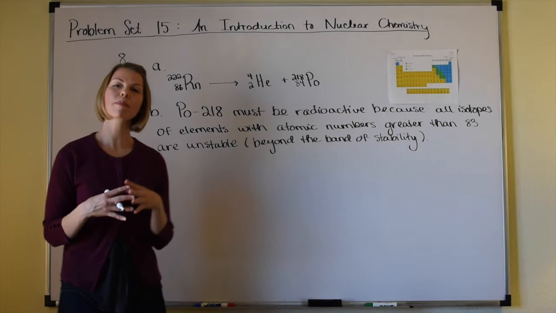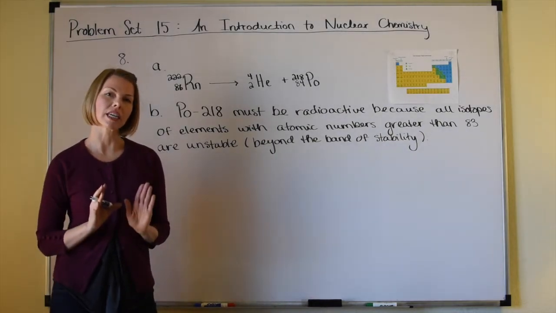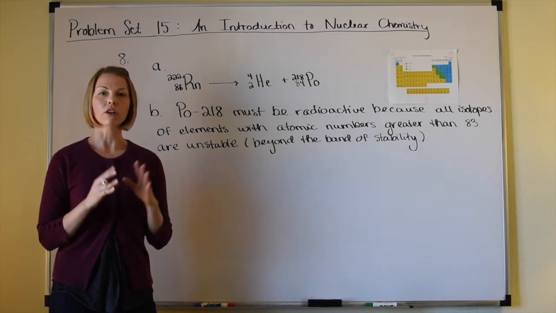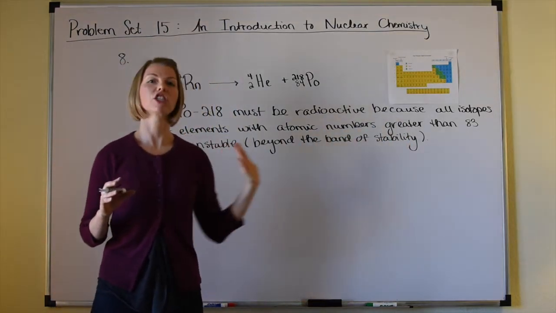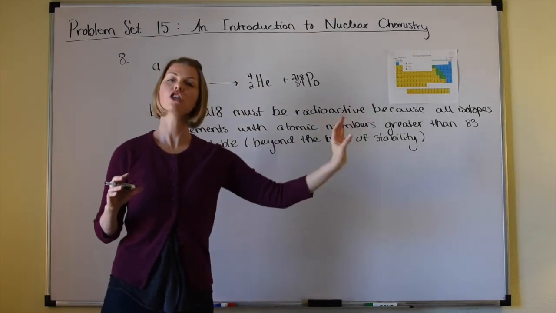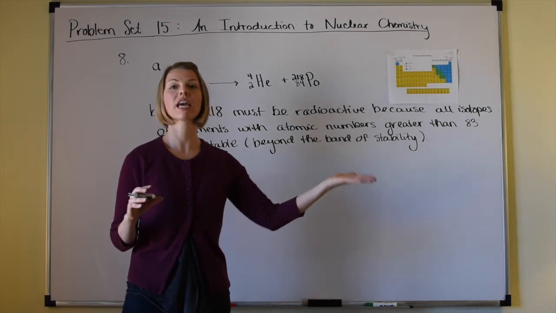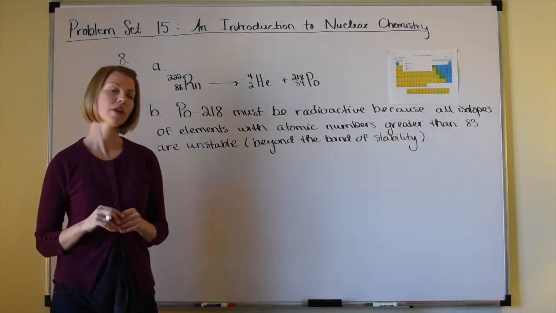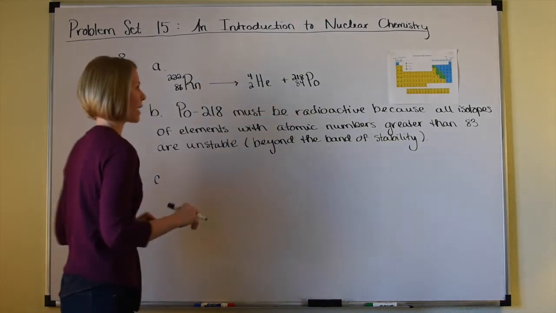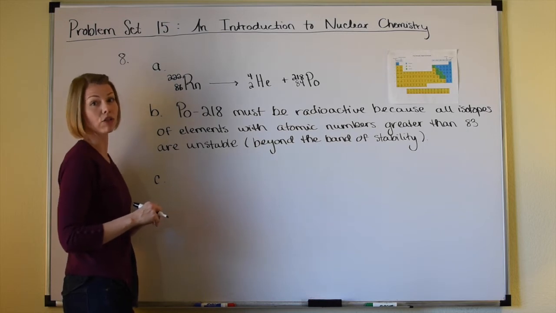So again, going back to tutorial number 15, we said that usually atoms or isotopes that lie beyond the band of stability, that have an atomic number greater than 83, usually they will undergo alpha decay, losing 2 protons and 2 neutrons in the form of an alpha particle. So we would expect polonium-218 with an atomic number of 84 to most likely be an alpha emitter.